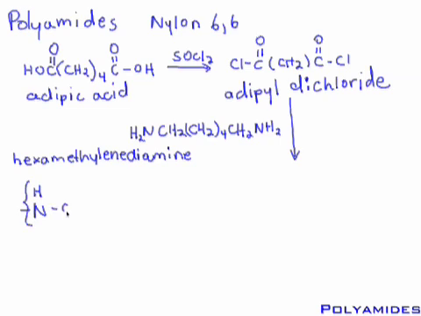It's attached to a chain of 6 CH2s, of course. It makes an amide linkage to a C double bond O, and that C double bond O is part of a 6-carbon adipic acid.